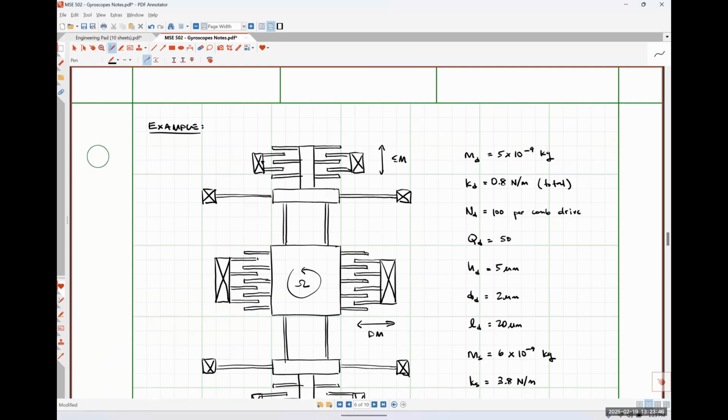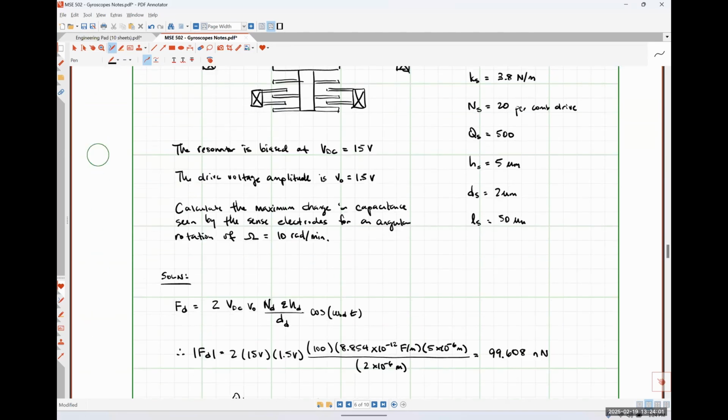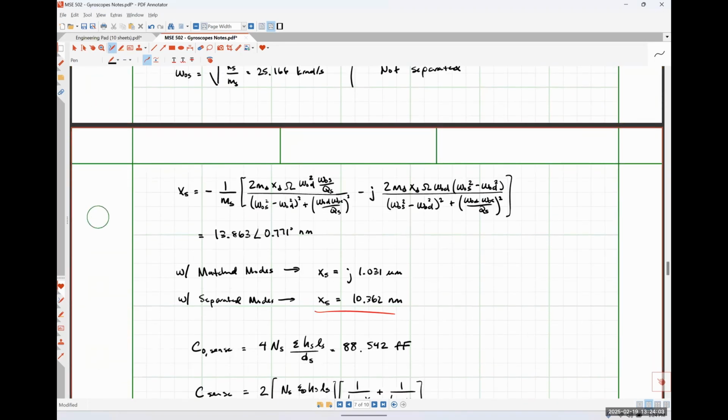Because as our sense mode vibration goes up, these two guys get closer together, these two guys get further apart. So we're going to have one capacitance that's increasing in parallel with one capacitance that's decreasing. That's what these guys look like.